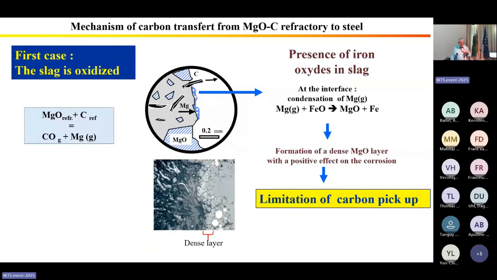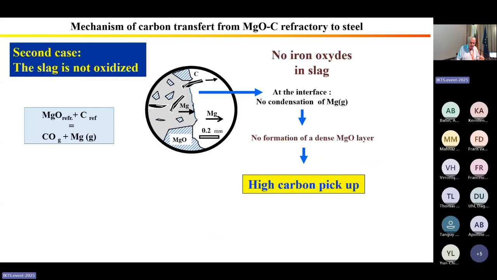First case, if the slag is just a little oxidized, in the presence of iron oxide in the slag, at the interface the magnesium vapor in contact with the iron oxide in the slag forms magnesia. We have a formation of a dense layer of magnesia with a very positive effect on the corrosion, and we have a limitation of carbon pickup.